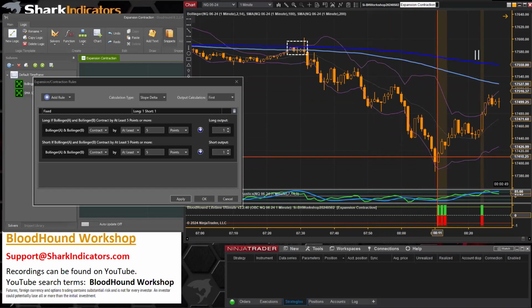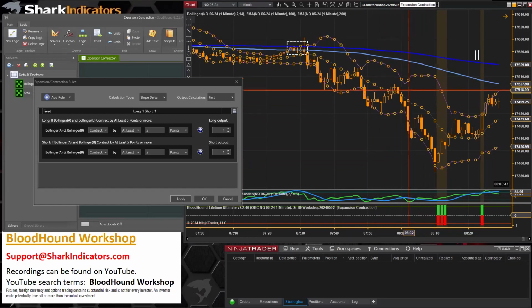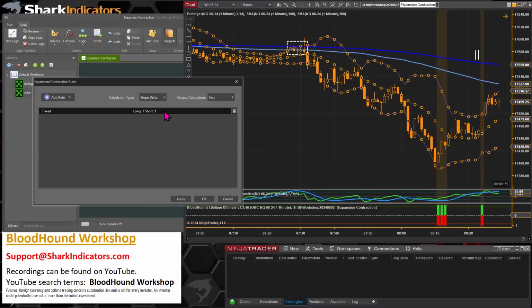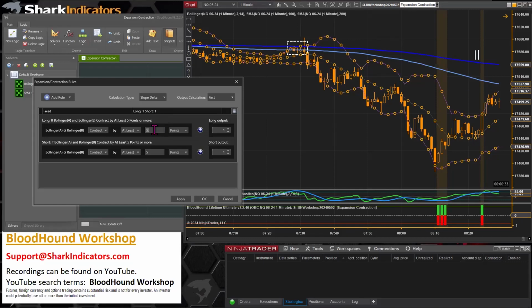But as far as the volatility that the Bollinger Band is identifying for you, that volatility is shrinking dramatically, that the contraction is shrinking by at least 5 points or more.